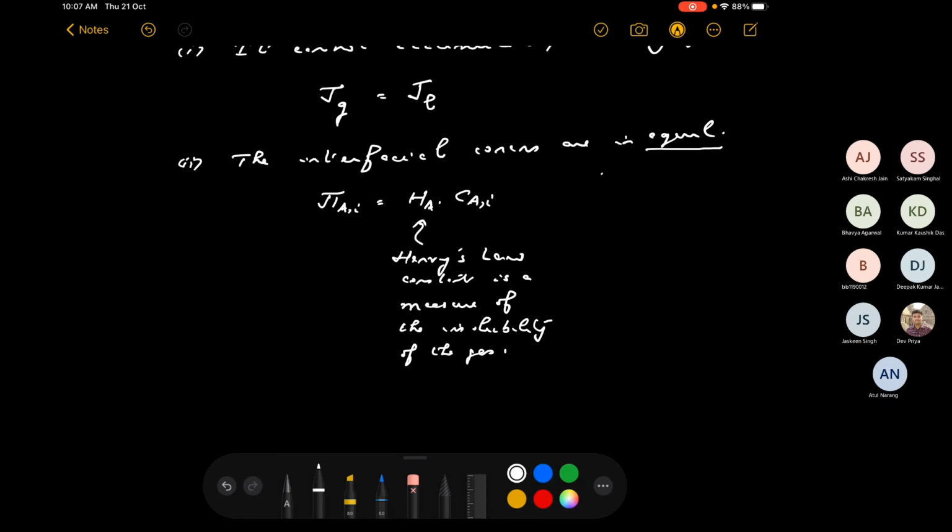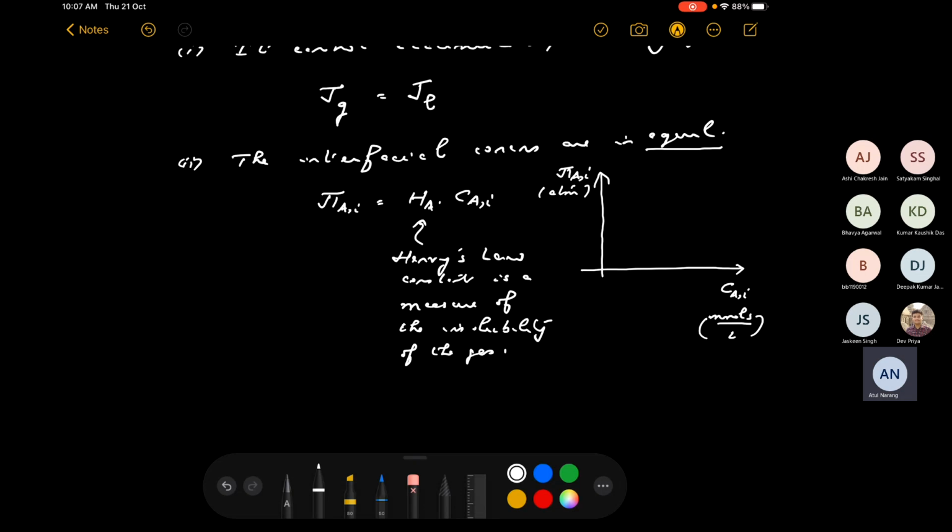Why? Because you can see it by just drawing the picture. Here you have the partial pressure, and here you have the concentration in the liquid phase. So this is in millimoles of oxygen, for example, per liter, and this is in atmospheres.